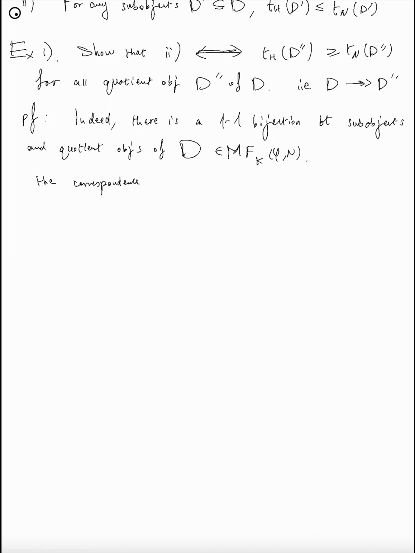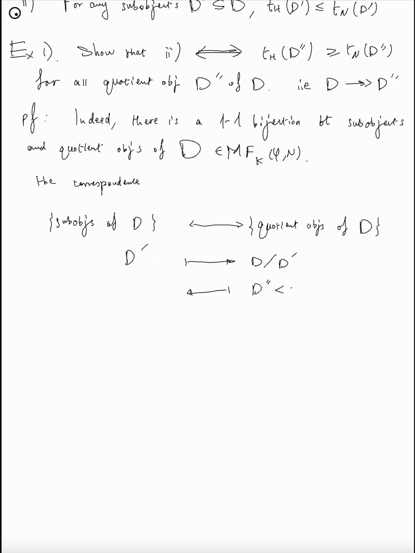Correspondence between subobjects and quotient objects as follows. So take any subobject and map it to the quotient. Conversely, you have any quotient object, which means there is a surjective map from D, you map it to the kernel.